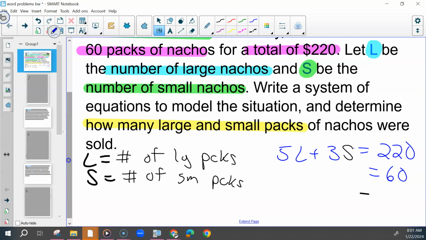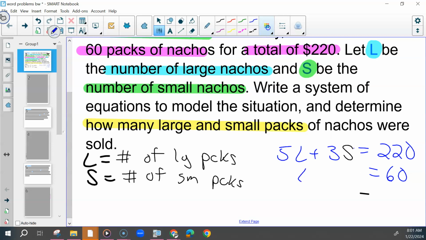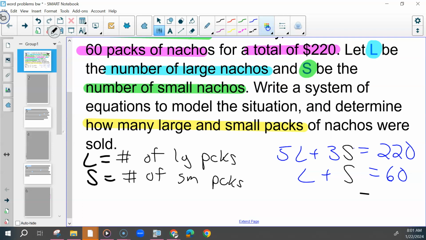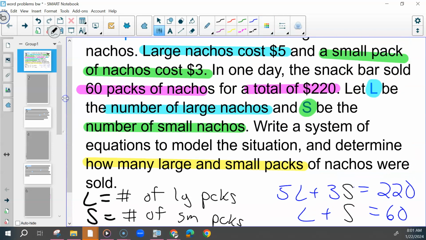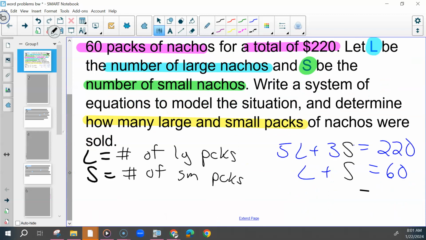The L and the S. So if in a problem you are given 4 numbers, your 2 equations will be set up like this, where one has 3 of the numbers and they go together, they're related in some way. The other one is the total, and then just the variables are added together to get that.